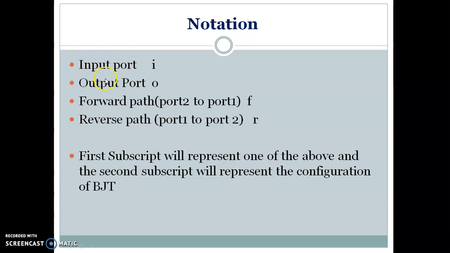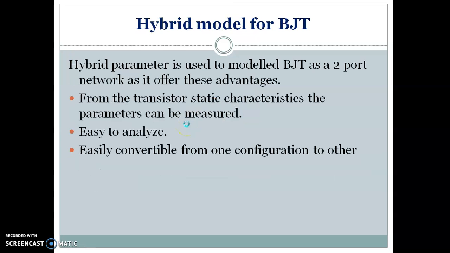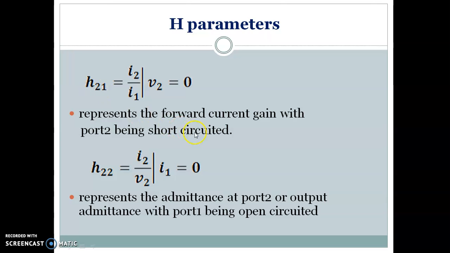I am always going to use the input port, or port 1, as I, and the output port, or port 2, as O. The forward path, that is port 1 to port 2, will be represented as F, and the reverse path as R. And for each of these terms, H11, H12, H21 and H22, the first subscript will be one of these. Previously, your H21 is the forward current gain, so instead of 2, I can represent the first subscript as F, so HF.